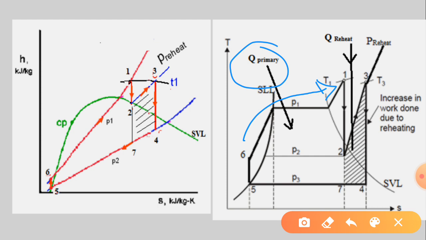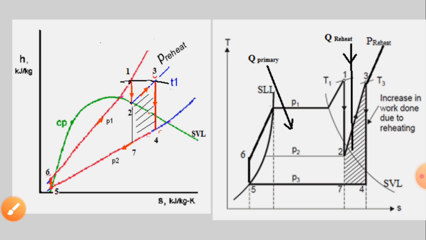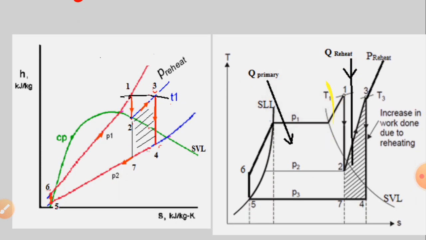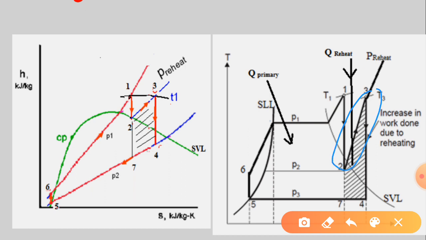The higher enthalpy is H1 here and the lower enthalpy is HF6. Why am I writing HF6? Because state 6 is in the liquid state. Then again Q reheat. The next process is the 2 to 3 process, and I am adding Q reheat during this process.